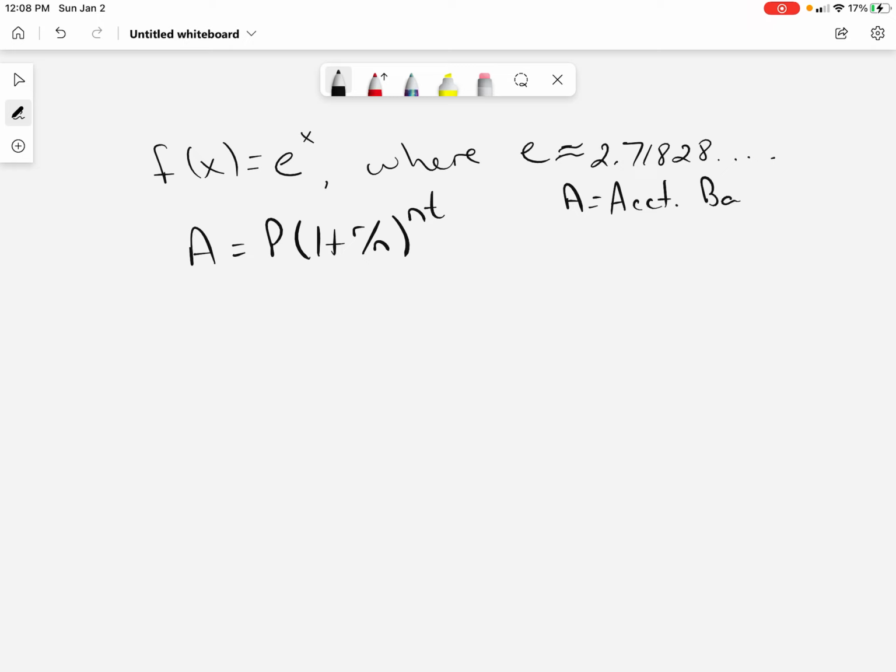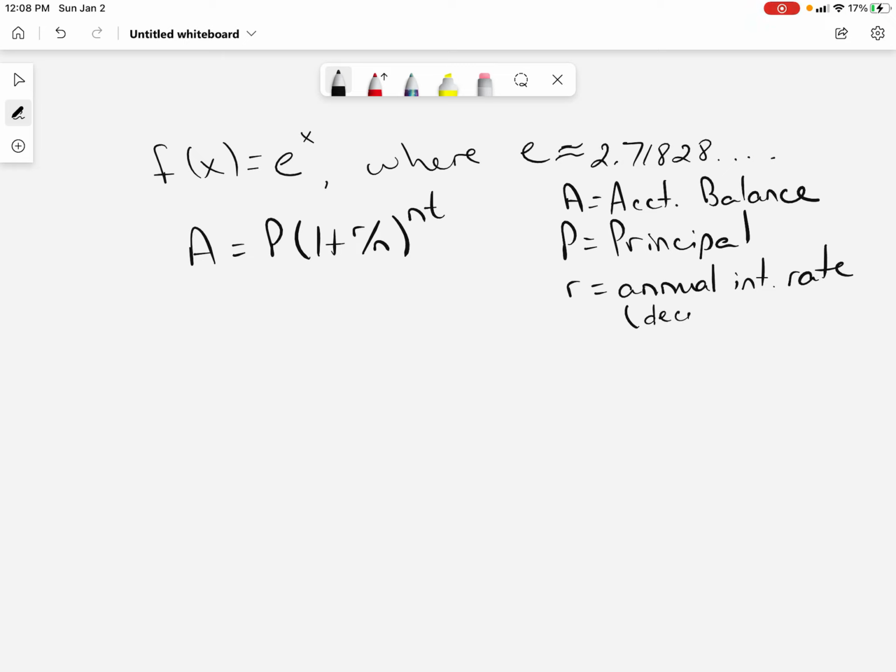P would be the principal, how much you put in the account to start with. r is the annual interest rate, and it must be a decimal. So do not forget that when you are given a percentage, it must be converted to a decimal. t is the number of years. And n is the number of compoundings.